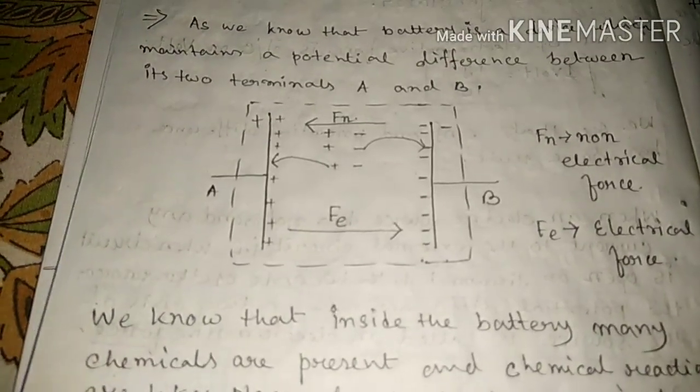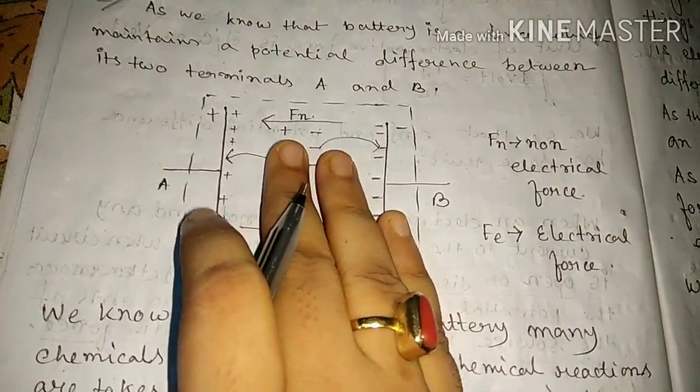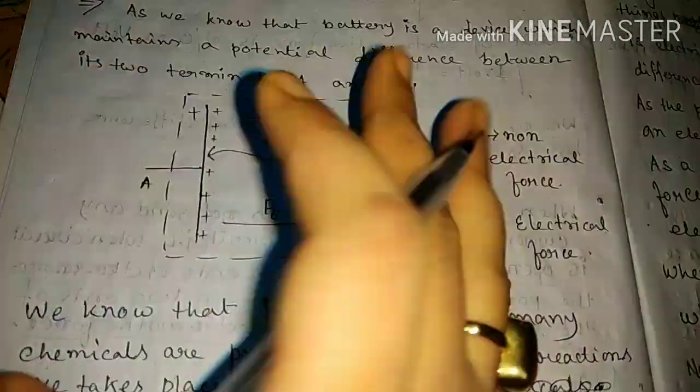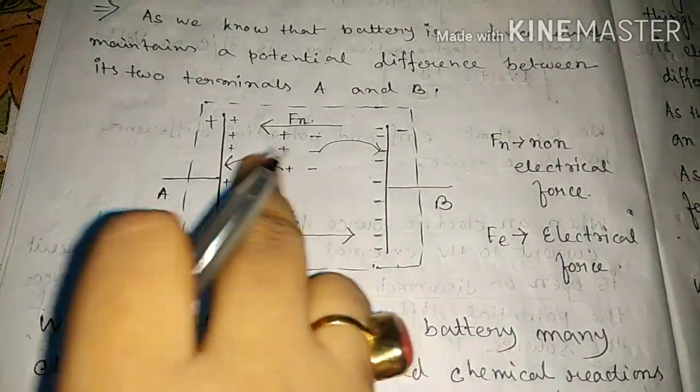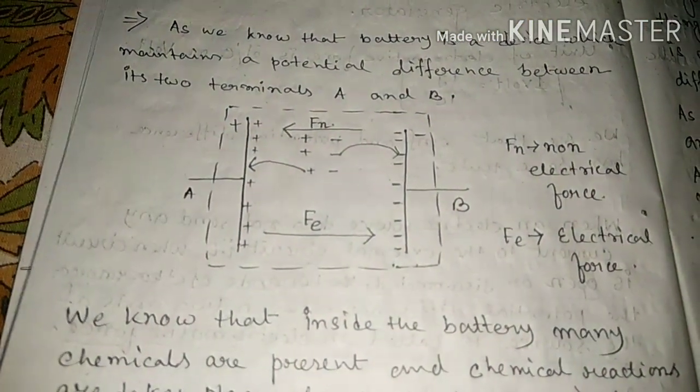In the same way, not totally similar, inside the battery many chemicals are present, and those chemicals always react with each other. That is called chemical reaction. Due to that chemical reaction, many ions are generated, either positive or negative.